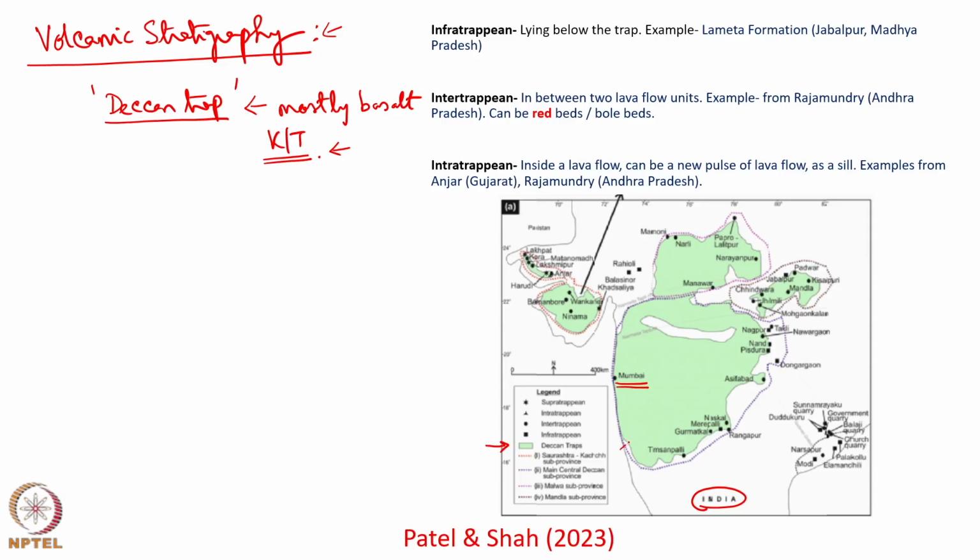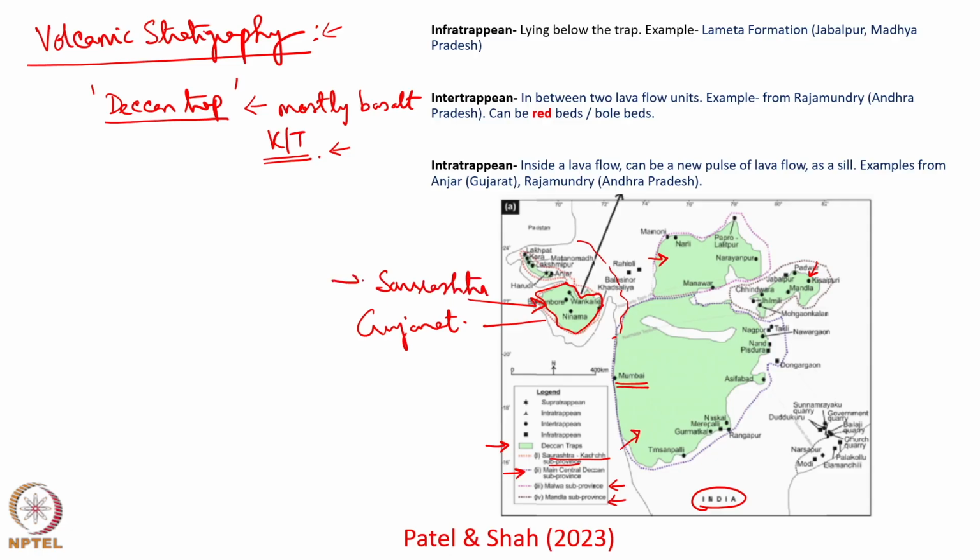This is the main central Deccan sub-province. Then the Malwa province, another place of exposure of the Deccan Trap rocks, and the Mandla sub-province. And the fourth one is found in the Saurashtra Kutch sub-province. This is the state of Gujarat, where this portion is known as the Saurashtra region.